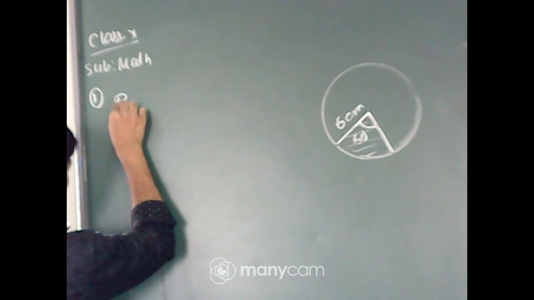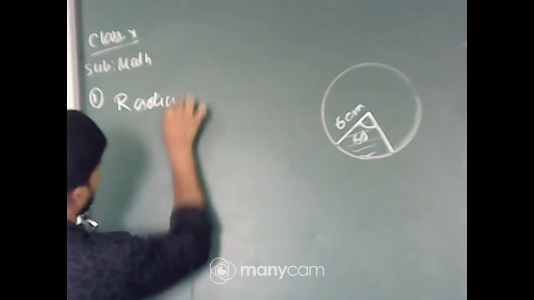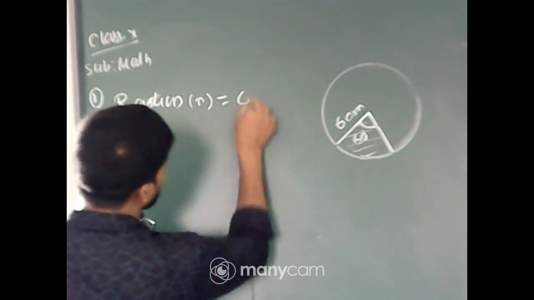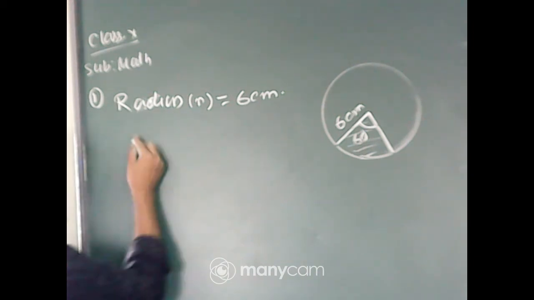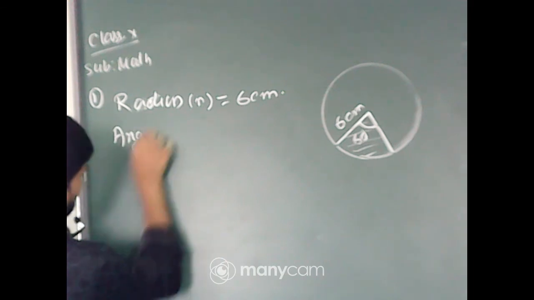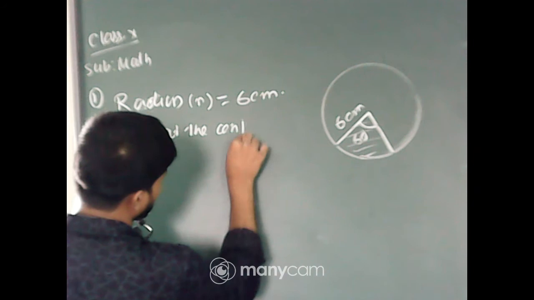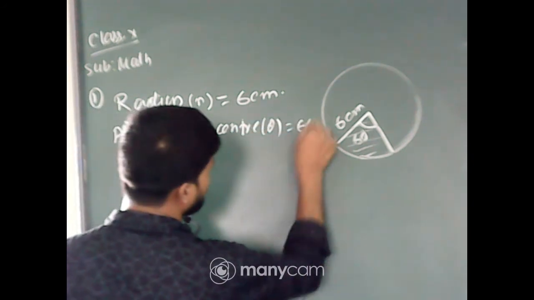Radius of the circle R is equal to 6 centimeter. The angle at the center, which we denoted by theta, is equal to 60 degree.